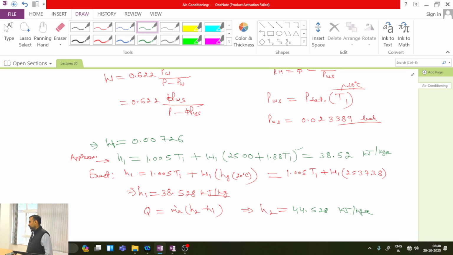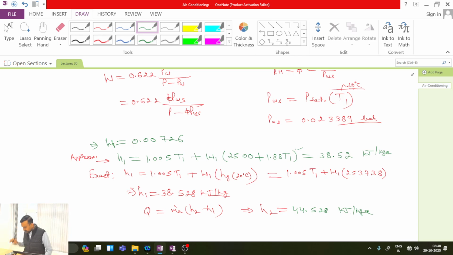Please do it fast. Be consistent with the units. Mass flow rate is in kg per minute, and heat is in kilowatt, so convert to kg per second. H2 is 44.528 kilojoule per kg of dry air.